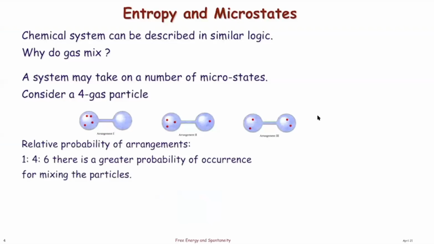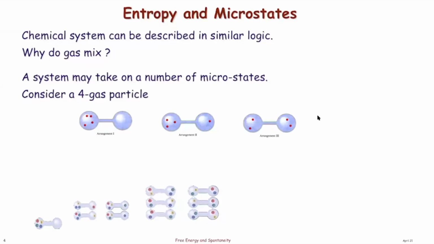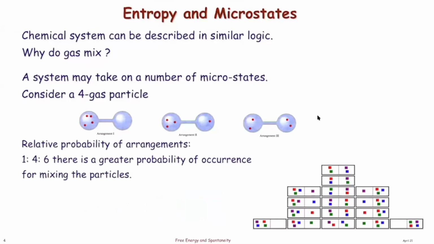Now, if we take this and break it up to this right here, okay, so this is 1, 4, 6, but then we have to look at the other scenario in which the 3 particles are on the other side. So that's 4, and then this is 1. But the highest probability of occurrence is when both chambers have 2 particles apiece.